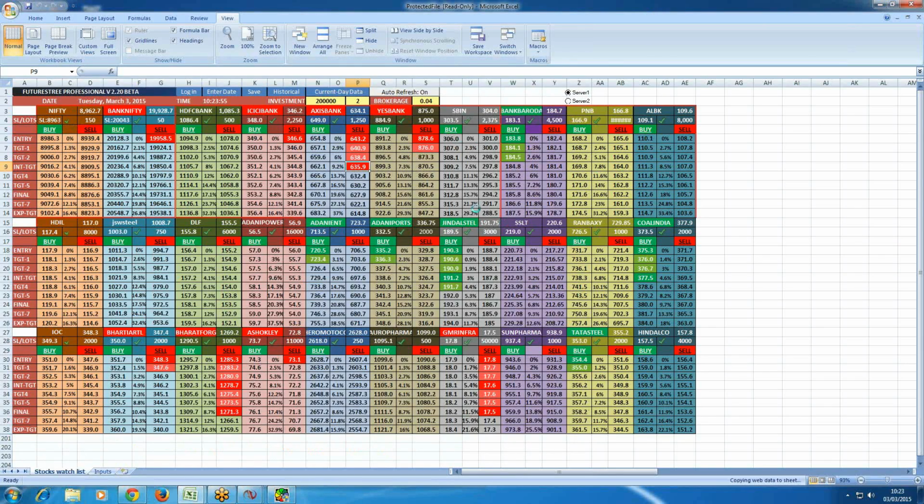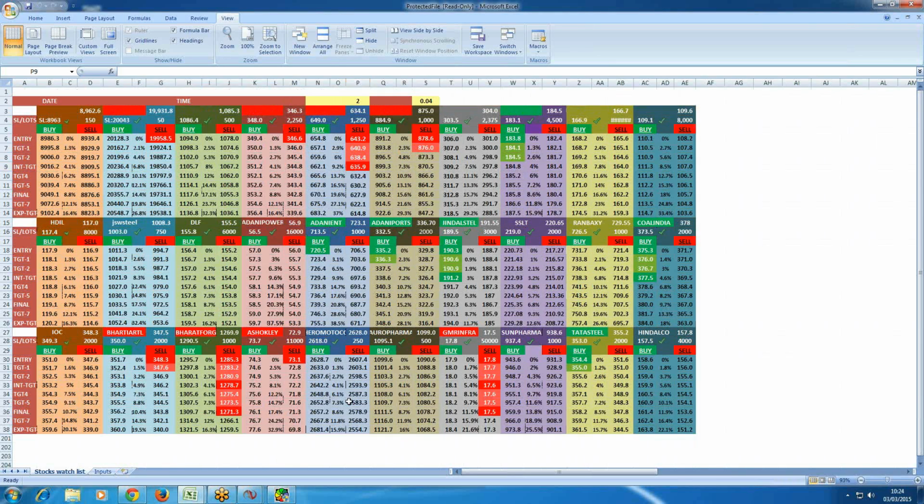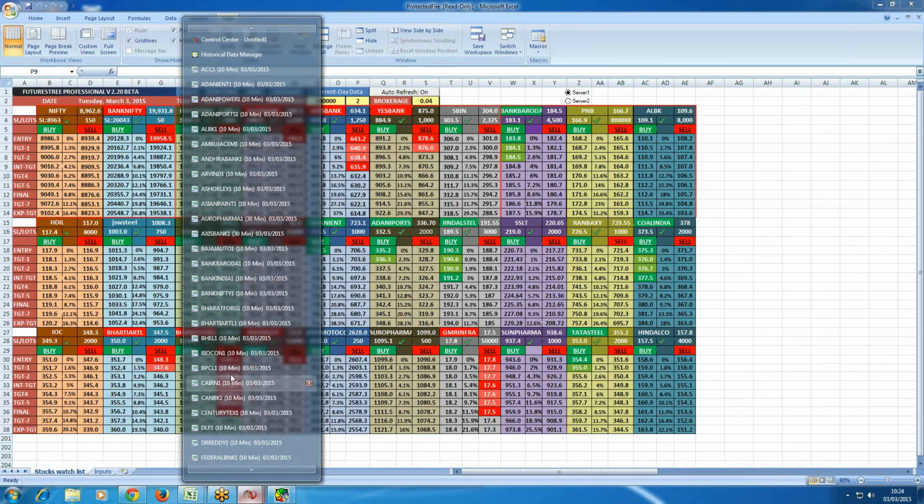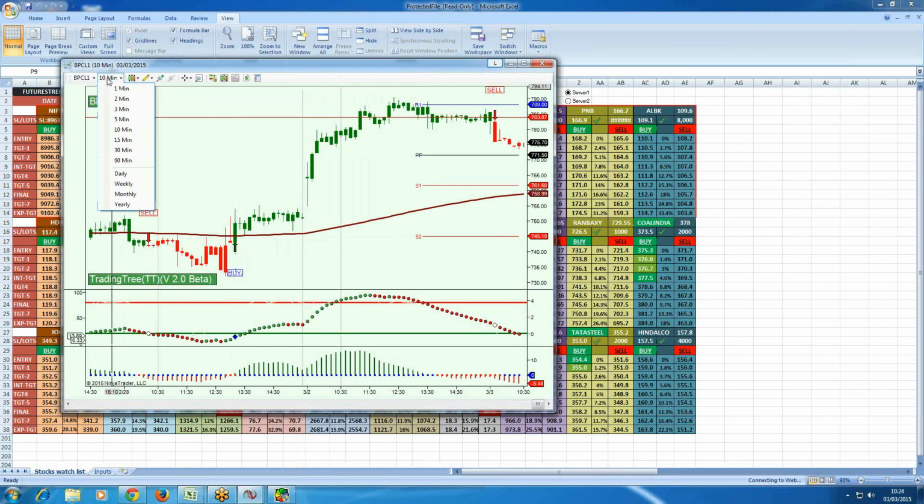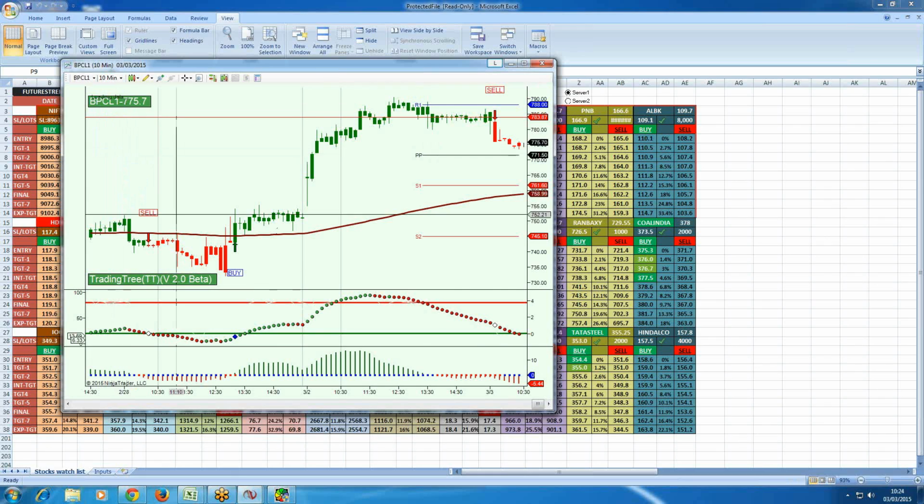And coming back to this, I think I have already shown you, Mr. Balraj. Just in case you want to see again, there's not a problem. So I'm just showing you the BPCL chart.